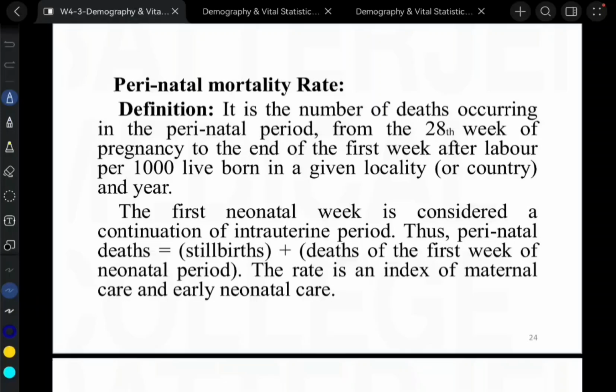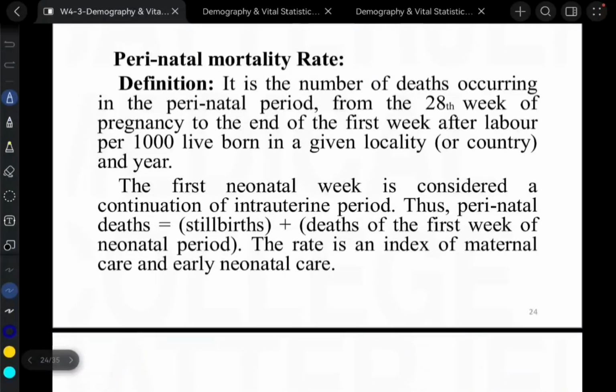So if a baby is born stillborn, basically born dead, or if he dies in the first week, he is ruled under the perinatal mortality rate. The first neonatal week is considered a continuation of the intrauterine period. Thus, perinatal deaths are stillbirths plus deaths in the first week of the neonatal period. Thus, the rate is an index of maternal care and early neonatal care.